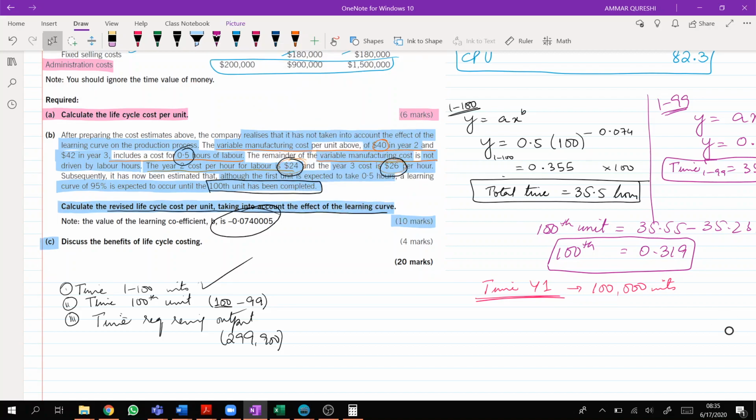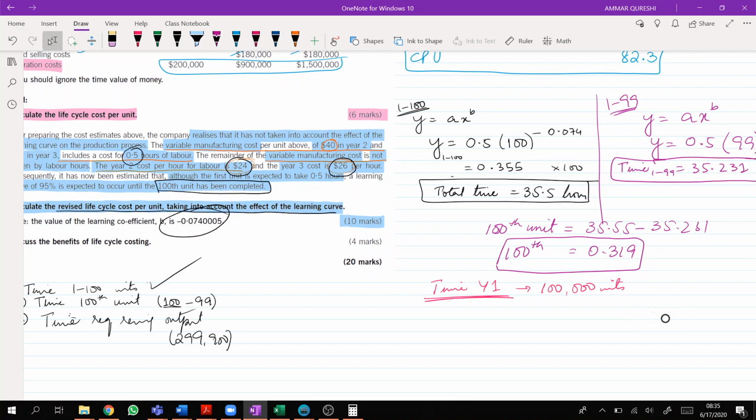So, acha, out of these 100,000 units, we have calculated time for 100 units, right? We know that first 100 units will require 35.5 hours. So what is the remaining output in the first year? Remaining output is 99,900. So time required for 1 to 100 units is 35.5.